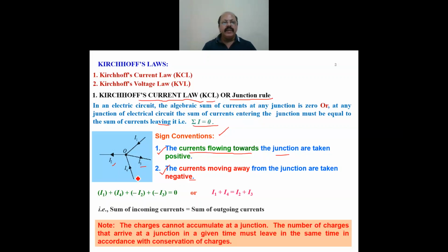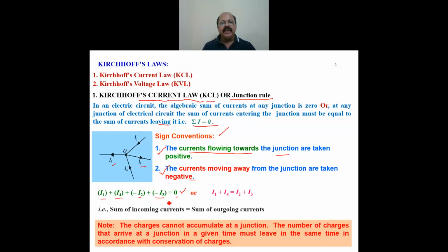So you see here, I1, the current flowing toward the junction, is taken as positive. Similarly, I4 is also moving toward the junction, taken as positive. So I1 plus I4. And I2 and I3 are moving away from the junction. So that's why they are minus I2 and minus I3. And that algebraic sum is equal to 0. So I1 plus I4 plus within bracket minus I2 plus within bracket minus I3 should be equal to 0.